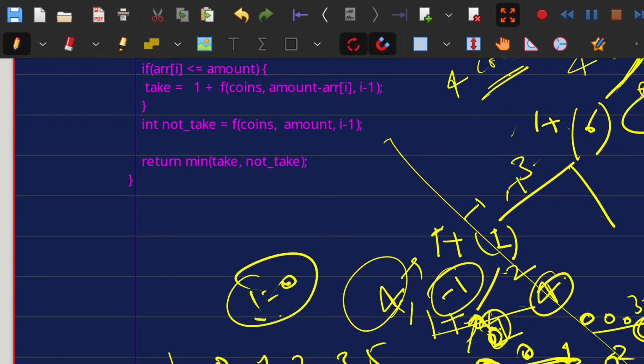So it should be not equal to 0. So we can't make this.